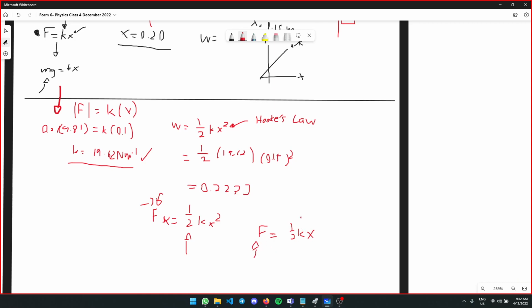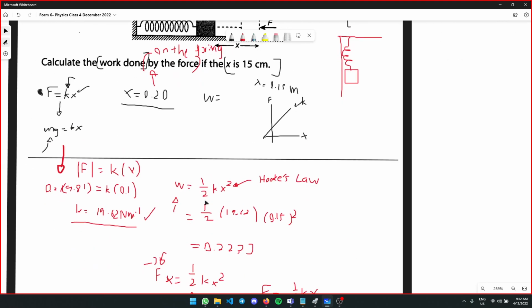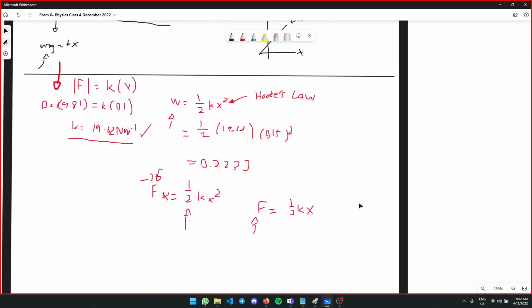But if you want to find the force, what's the point? You still have to find the work, that's what the question is. So we can just straightforwardly use k and x. Let's say the question is a part by part question, A and B, then C. In question A they ask for the spring constant.